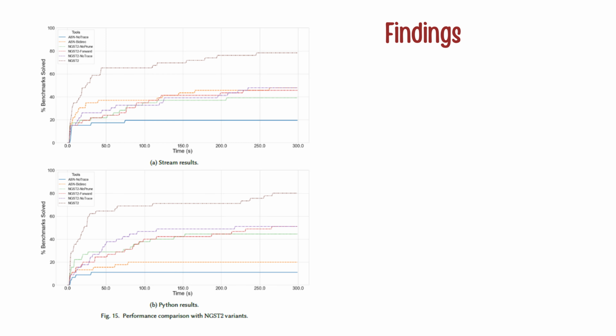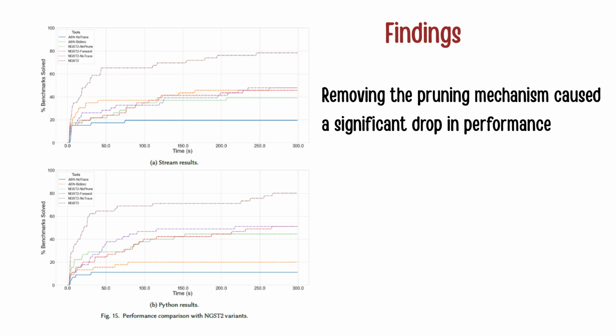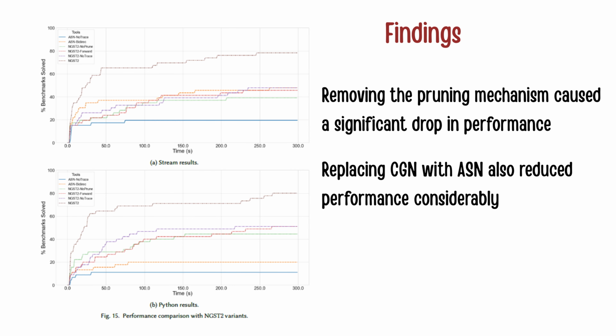The results clearly showed that both major innovations matter. Removing the pruning mechanism caused a significant drop in performance. Replacing the cognate grammar network with the older neural architecture also reduced performance considerably. Interestingly, depending on the benchmark, sometimes the neural architecture contributed more, while in other cases the pruning strategy was more important.